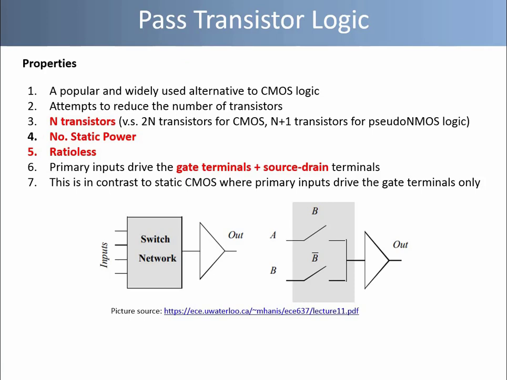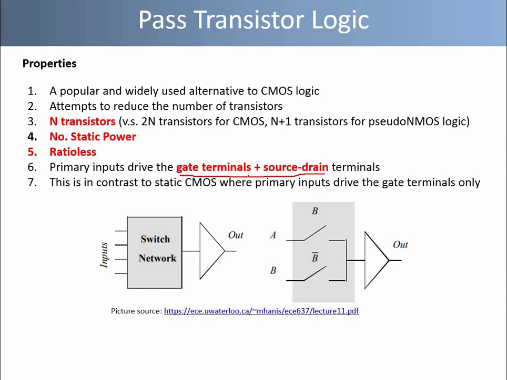Boolean function. Another property of pass transistor logic is that it is ratioless, which means that the output voltage levels are independent of the relative aspect ratios of the transistors. Pass transistor logic also consumes no static power, and a very important characteristic is that in this logic style the primary inputs are not only connected to the gate terminals of transistors but also to their source or drain terminals.